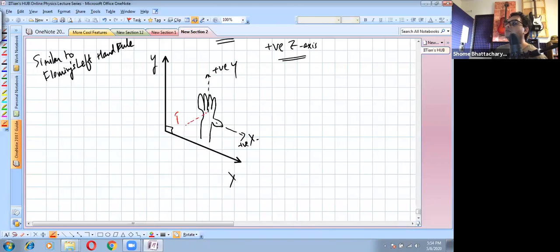This is where your palm faces. Your knuckles of your fingers are on the other side. So your palm is actually facing in this direction. So that's why your positive z-axis will become this one. This will become your positive z-axis. So not z prime, z. And the other side will be the negative z-axis.